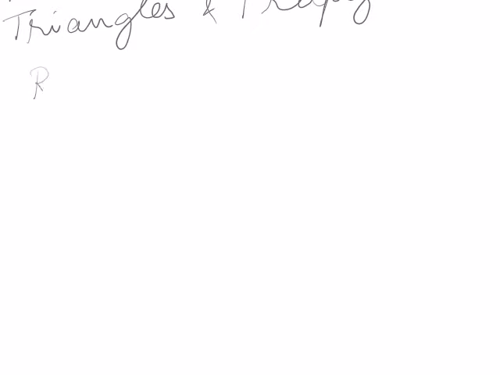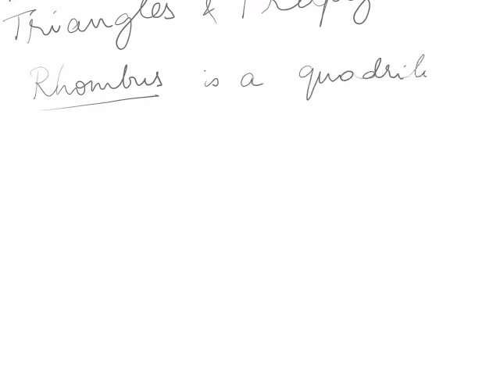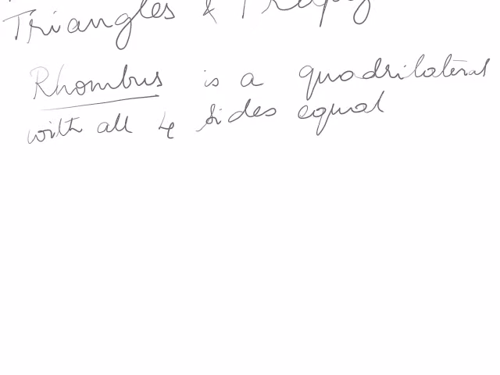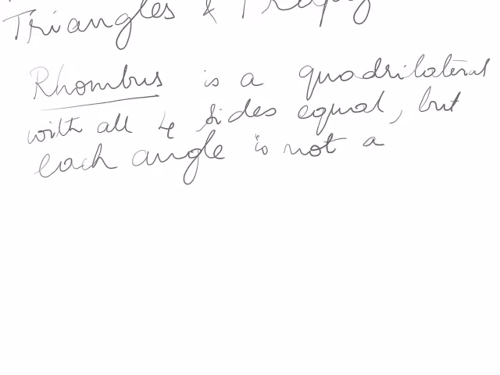Okay, so rhombus is a quadrilateral, that means it has a four-sided closed figure, a quadrilateral with all four sides equal like a square, but each angle is not a right angle.